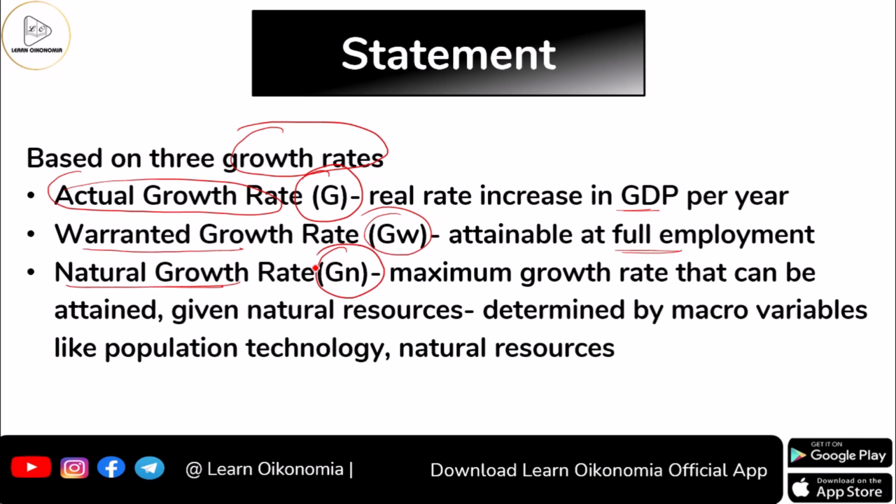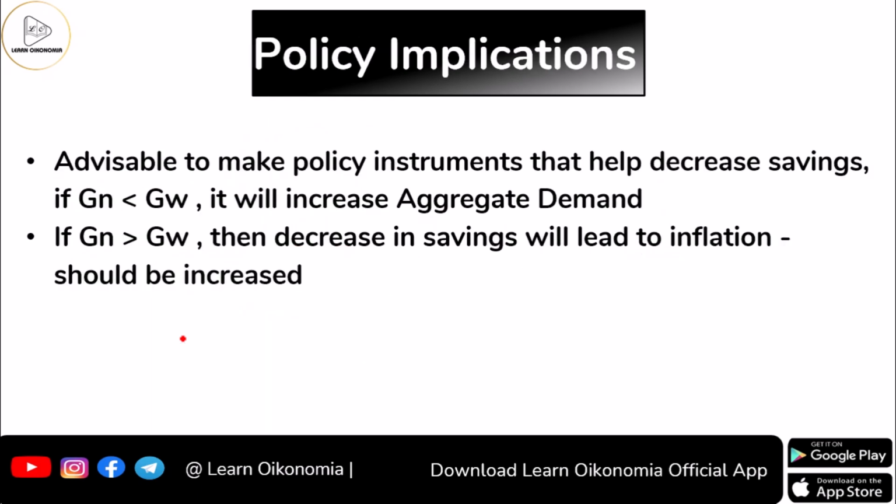This would be the maximum growth rate that could be attained by an economy when the natural resources of that economy are given. You can determine this by looking at macroeconomic variables like population, technology, other natural resources in the economy, etc.